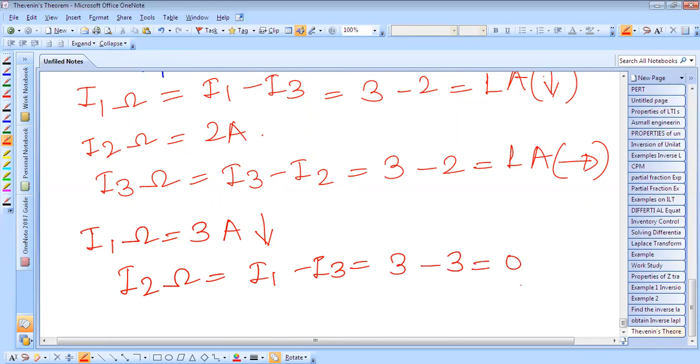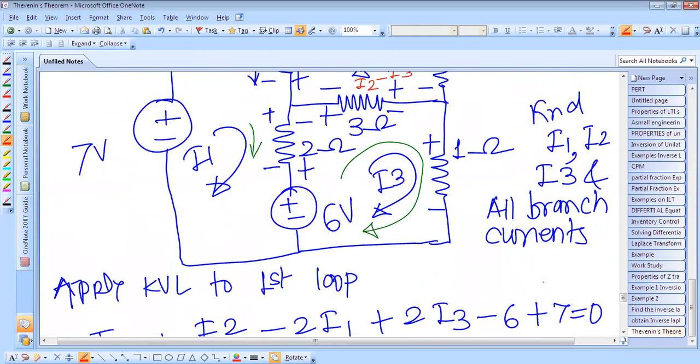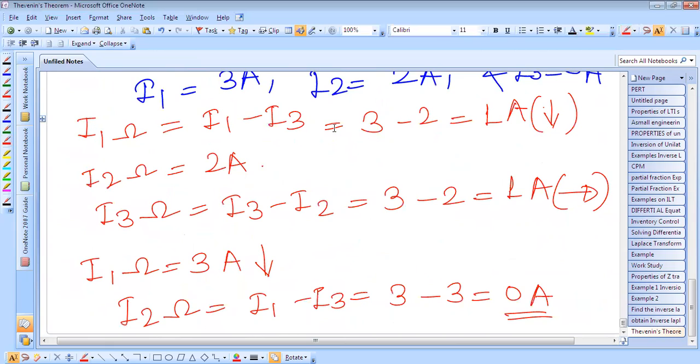So 0 current is flowing in this 2 ohm resistor. So in this way we can find the branch currents as well as the loop currents by using mesh analysis. Thank you very much.